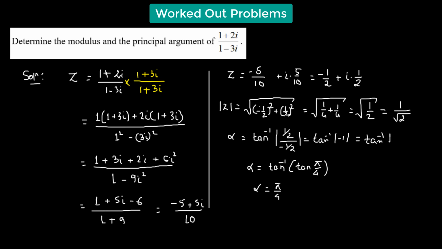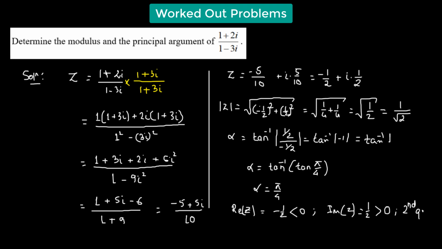Now we know that the real part of complex number z is -1/2, so it's less than 0, whereas the imaginary part is 1/2, and this value is greater than 0. So that means we are in the second quadrant.